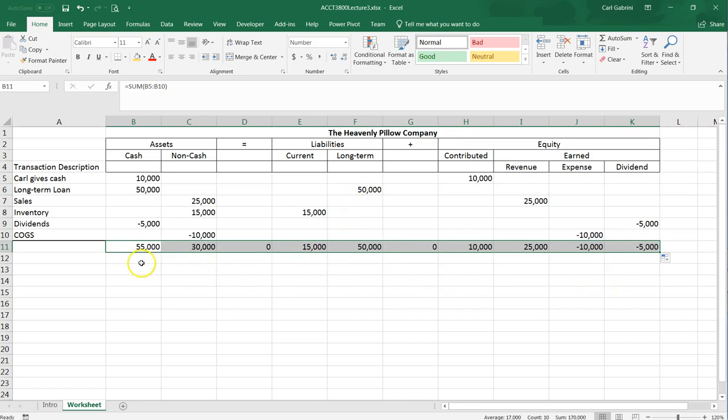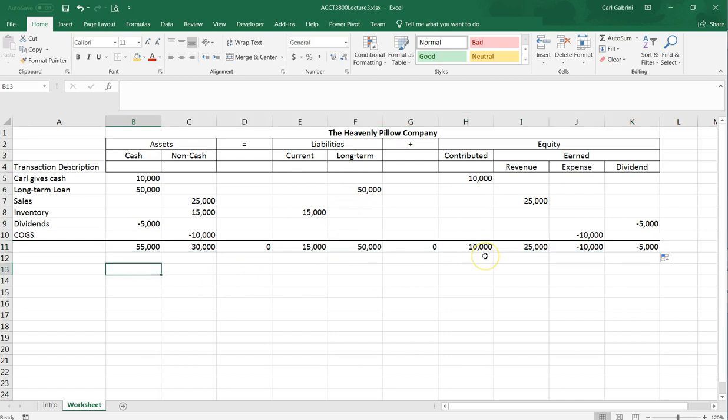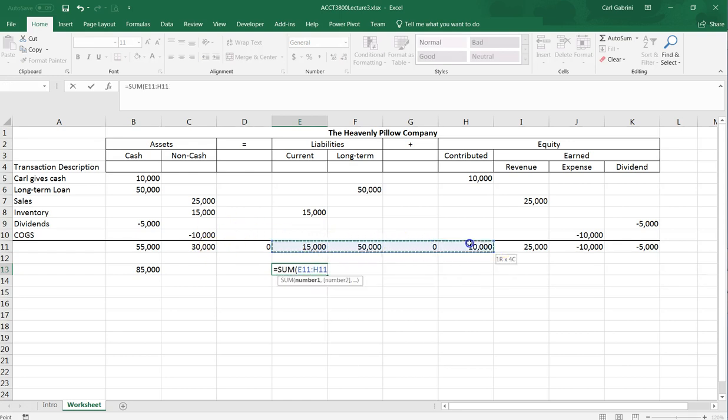And then down here, I will say equals sum, wrong way, sum. Okay, and then over here we'll say equals sum, and we're in balance. So everything's there.